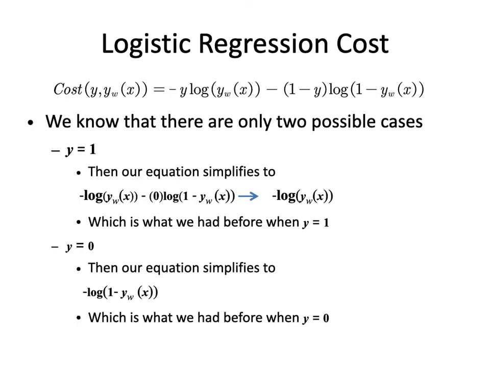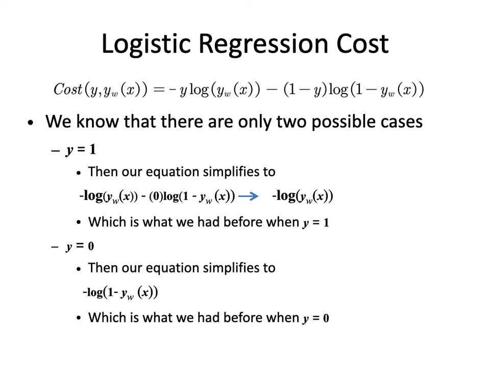We can see here, when y is equal to 1, then our equation is simplified. Here is our equation, and if we substitute y to be 1 in our original cost function, then the second part, or the expression on the right side of this equation, will be 0, which leads to the cost function being minus log of hθ(x), which is what we had before when y is equal to 1.